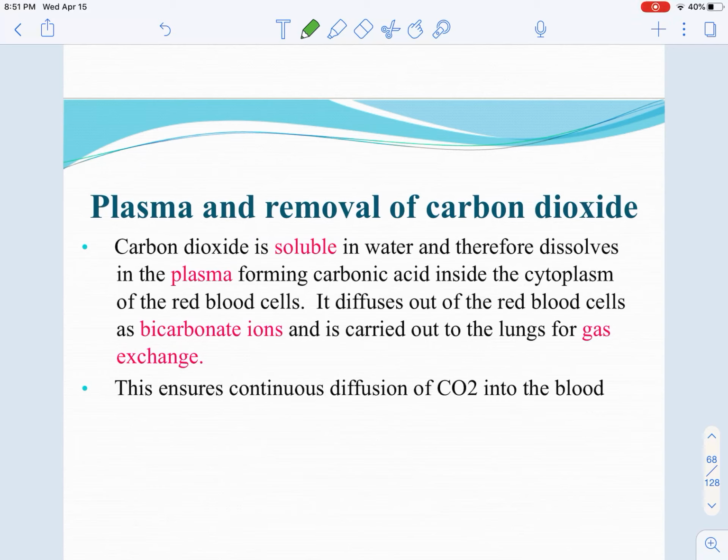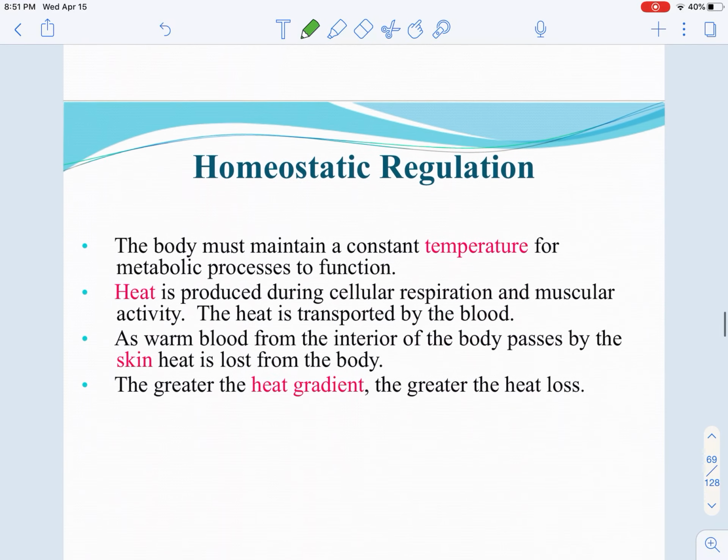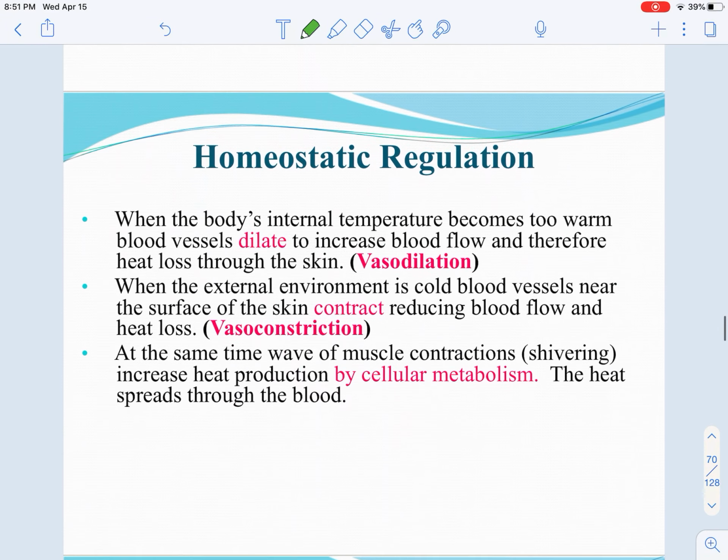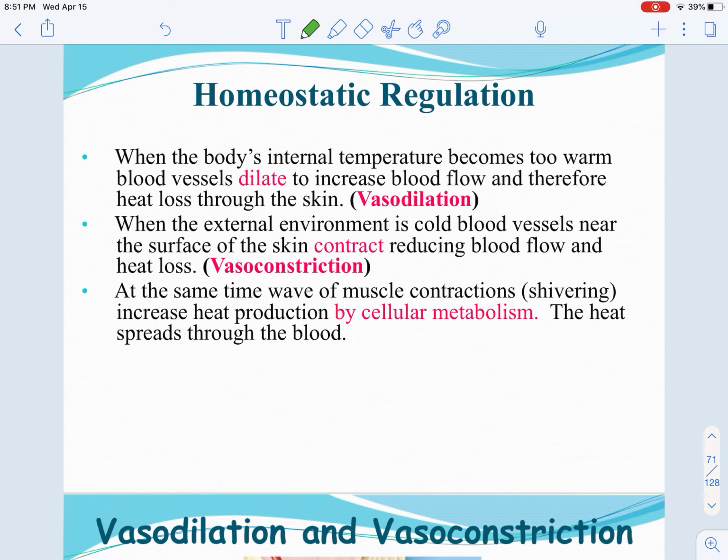So this is a review talking about how a lot of carbon dioxide is carried as a bicarbonate ion, and this one is talking about how we have body temperature staying at 37 degrees and being homeostatically controlled by the movement of blood through your blood vessels, and how if you have a temperature going too high, then the blood vessels will dilate so that those blood vessels will come closer to the surface of your skin everywhere to cool off.